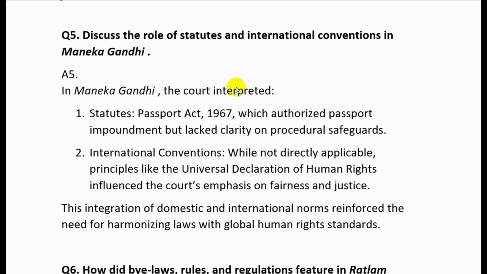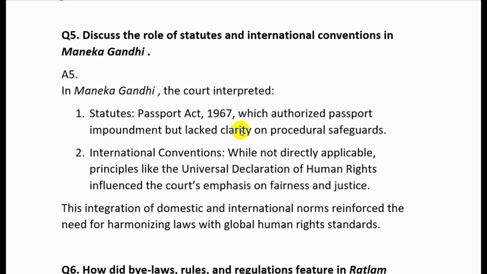Discuss the role of statutes and international conventions in Maneka Gandhi. In Maneka Gandhi, the court interpreted statutes, that is the Passport Act. Statutes are laws. So in this case, the statute was the Passport Act of 1967, which authorized passport impoundment but lacked clarity on procedural safeguards, which means there were no safeguards as to giving the reason for impounding the passport, or for allowing the person to be heard, or allowing them to give justification.